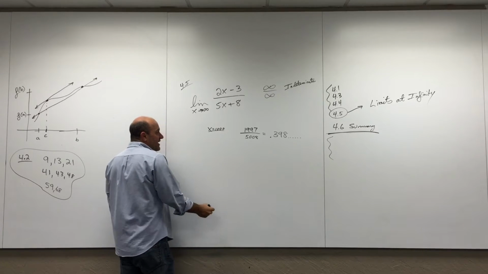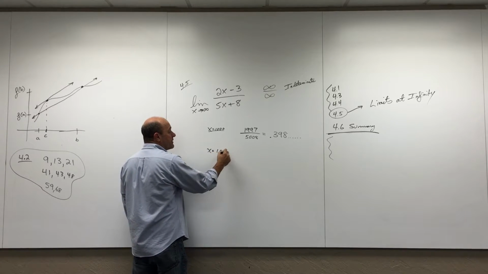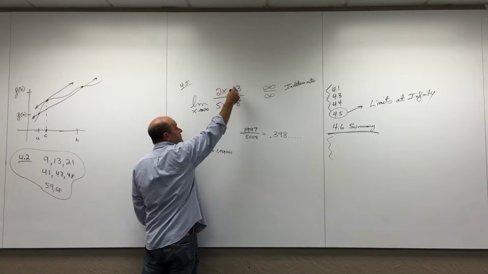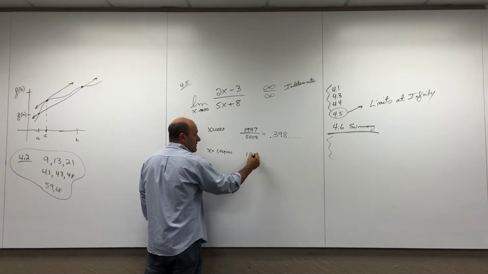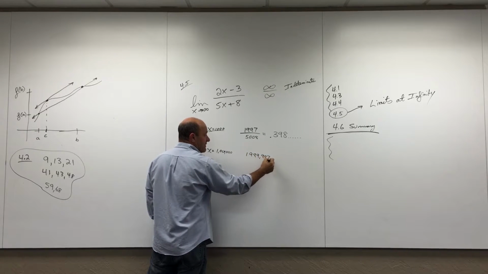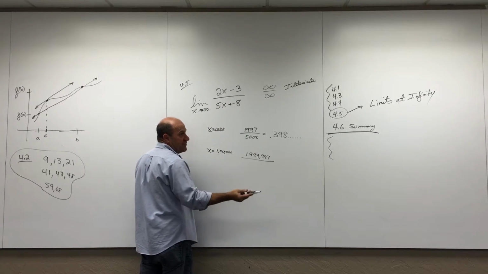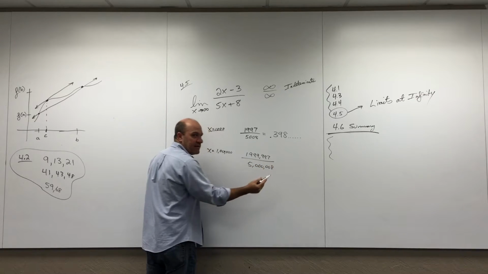Hold on. Let's plug in 1,000,000. That's 2,000,000 minus 3. What's 2,000,000 minus 3? 1,999,997, all over 5,000,000 plus 8, which is 5,000,008.